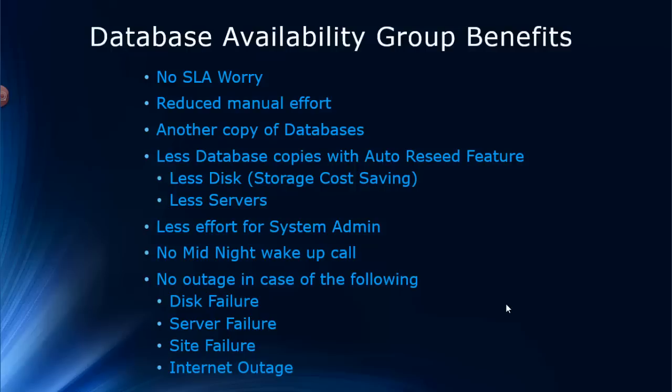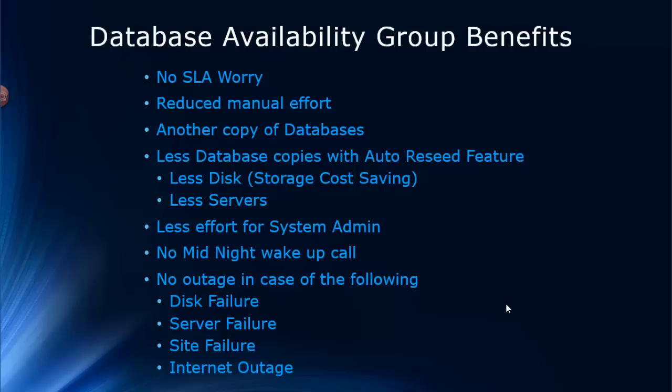So if I reduce 2 copies out of it, I'm going to save over 100 terabytes of data, and I will be able to place one 2-terabyte disk in every server. We were using only 12 servers to run this environment, and maybe if we calculate, we might reduce some servers as well.